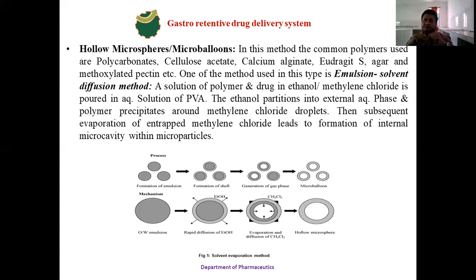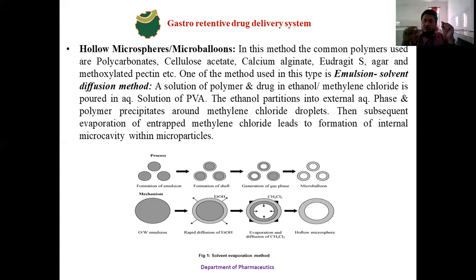So whenever you combine the two phases, ethanol partitions into the aqueous system and mixes with it, and the methylene chloride having the drug makes droplets in the aqueous phase, which has water and polymer. The polymer goes to the surface of each droplet.